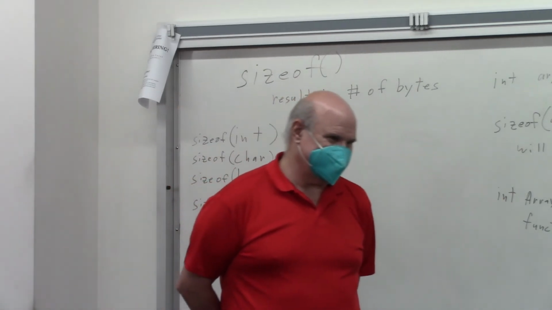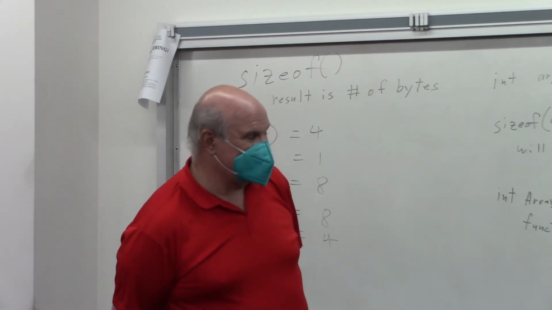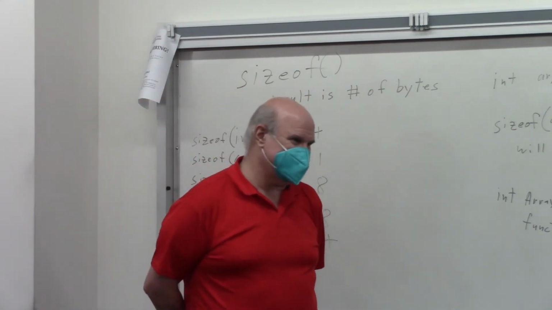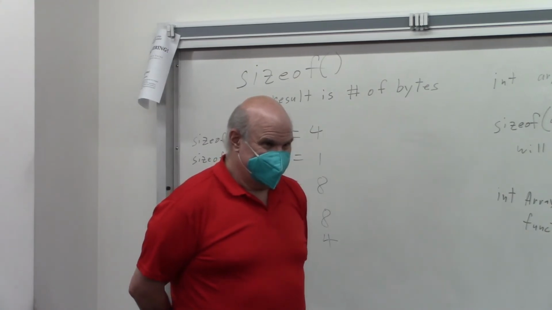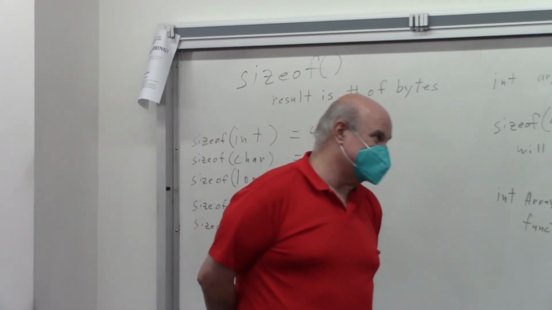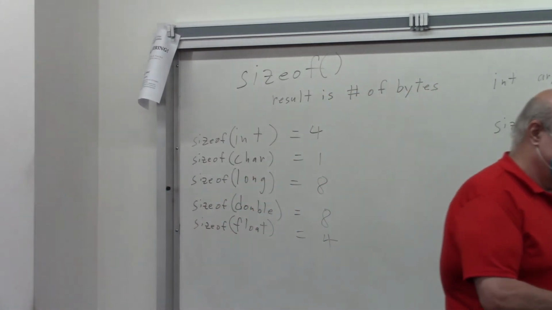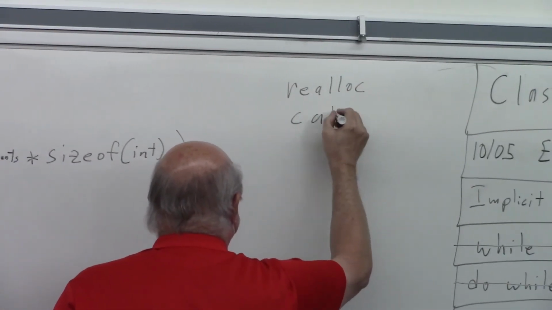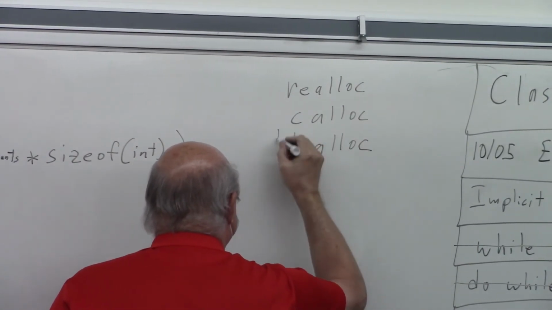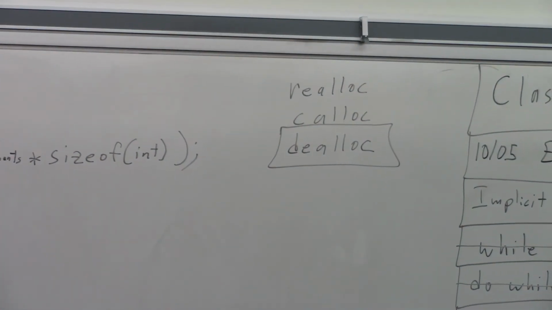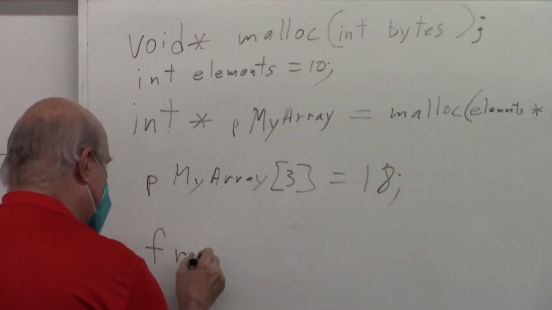calloc is another one. I actually believe there is also a dealloc, D-E-A-L-L-O-C, which deallocates memory, but I'm pulling that from memory. That's the one I'm not positive about, because you should use free.